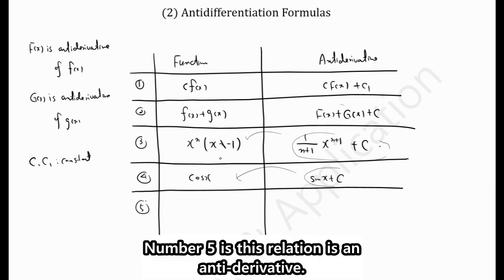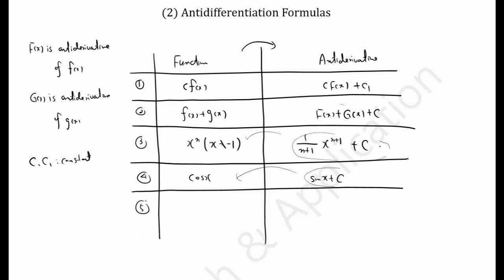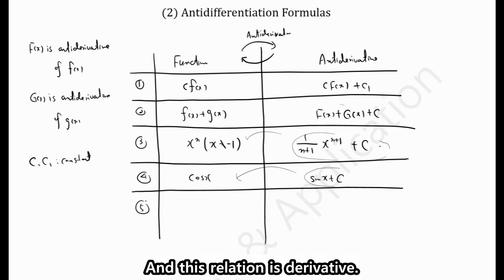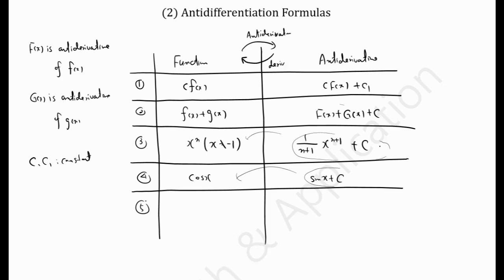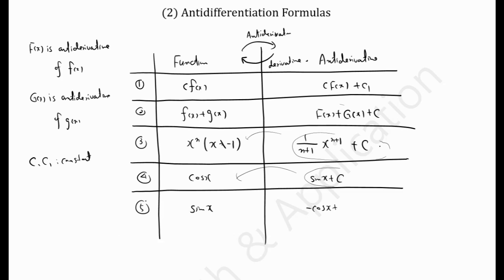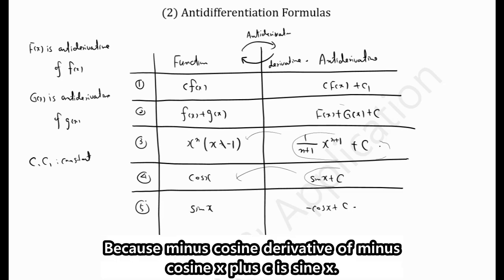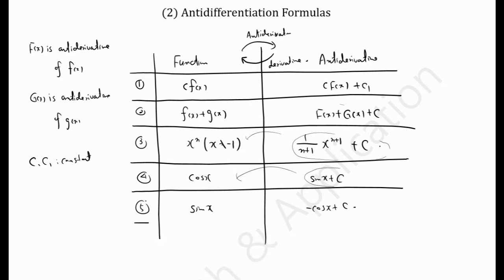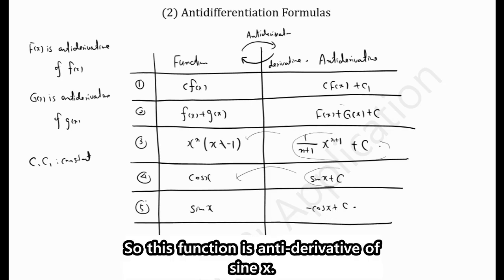This relation is antiderivative, and this relation is derivative. Number 5 is the function sine x. The antiderivative of sine x is minus cosine x plus c, because the derivative of minus cosine x plus c is sine x.